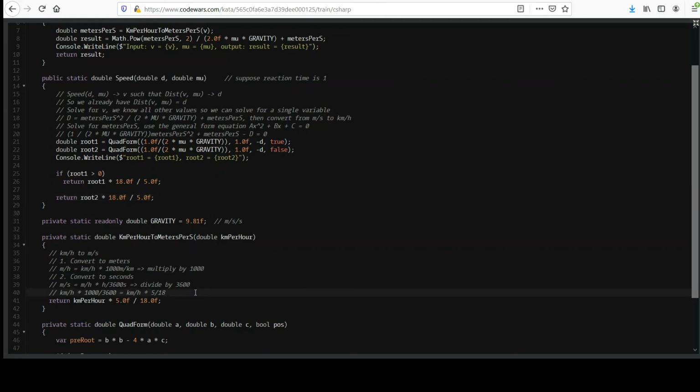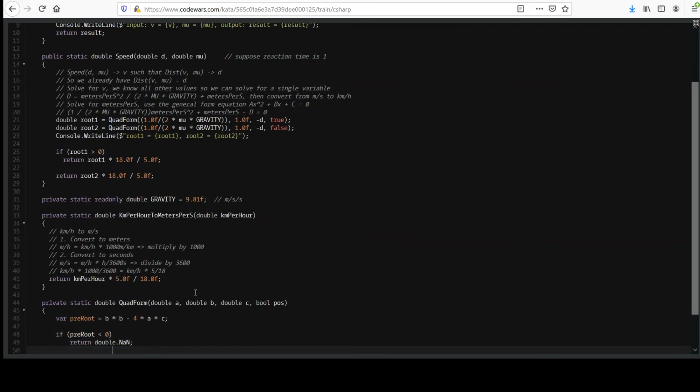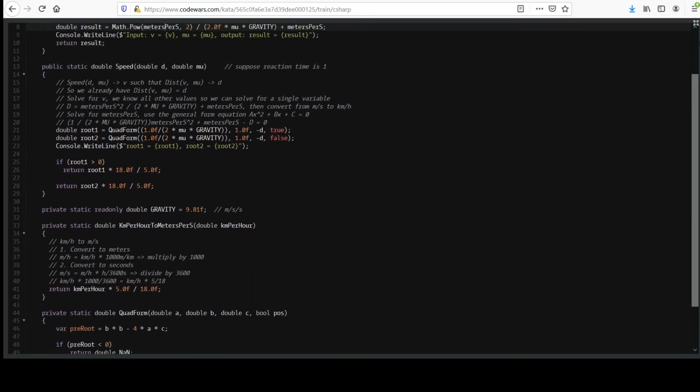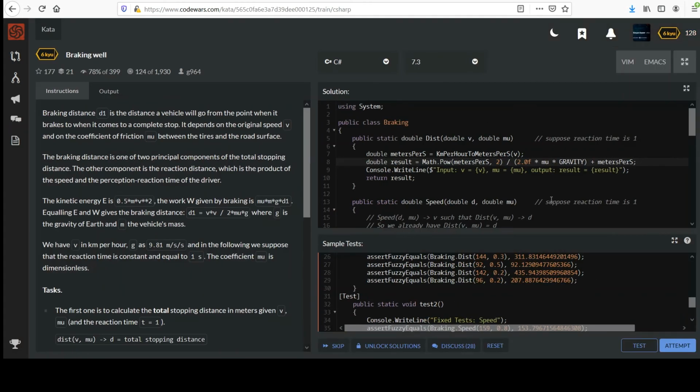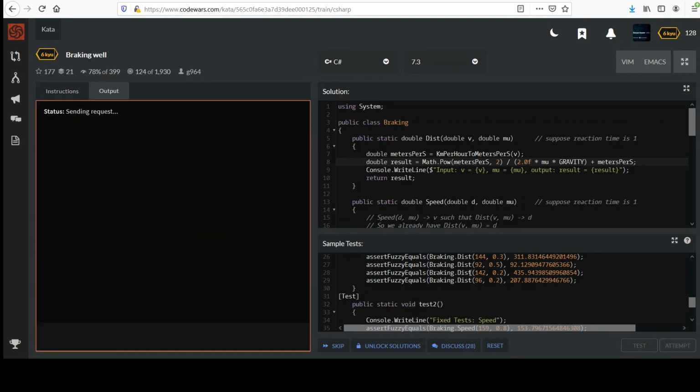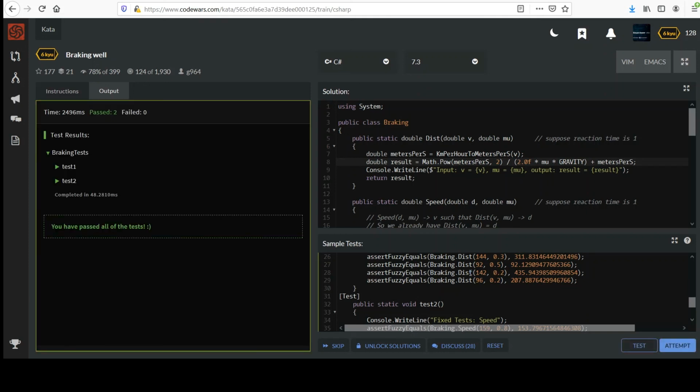Seems to have some good feedback on the Stack Overflow page, so I guess we'll get out of here and try testing that. We had passed the d's. Let's run it with our speed function. Great, lots of green, that's what we like.